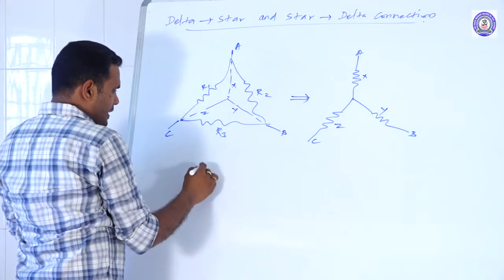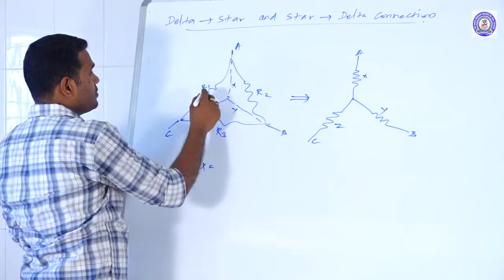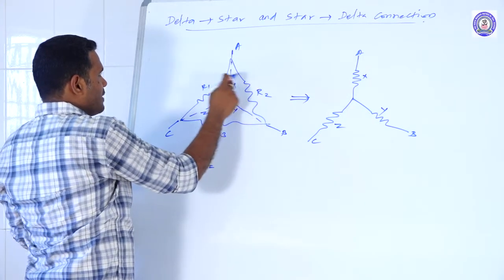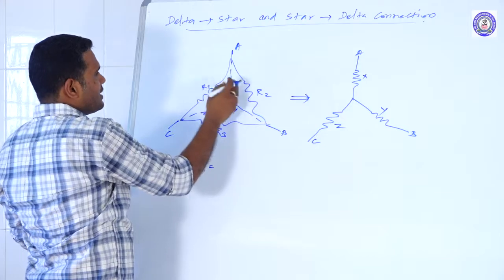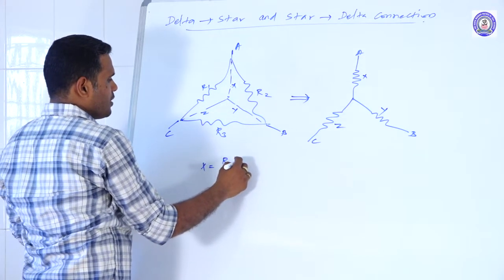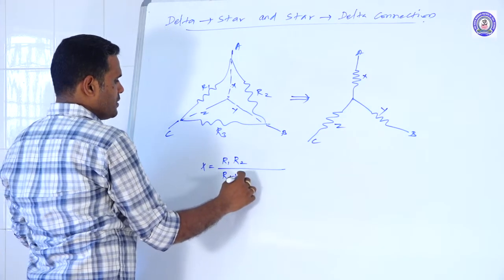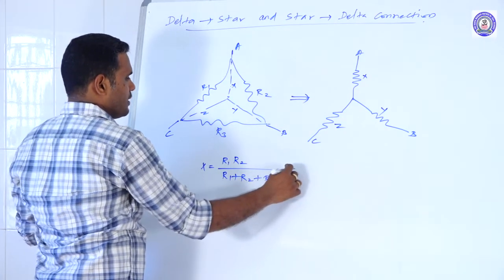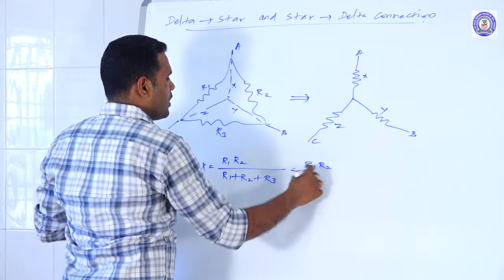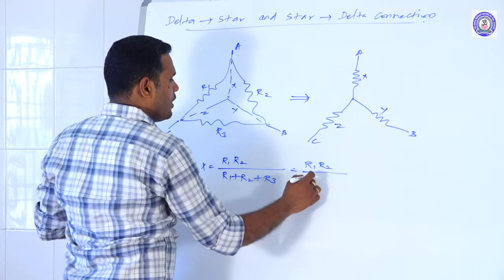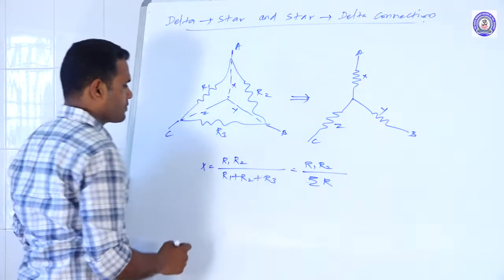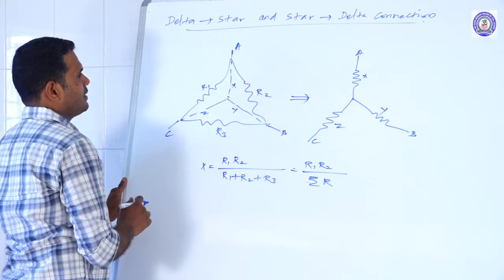If you want to calculate X, this is equal to the product of the resistances which are on either side of X, which is R1, R2, divided by total resistance of the circuit, R1 plus R2 plus R3. So I can write R1 R2 divided by sum of R. So X can be calculated.